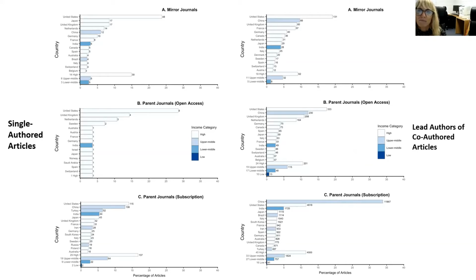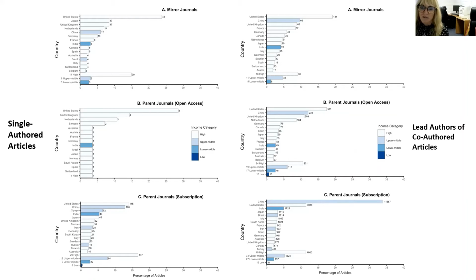For instance, the higher income countries dominated all article types across the board, both single authored and lead authors of co-authored articles. Next we see that middle income countries were quite underrepresented. We'll discuss this more later.